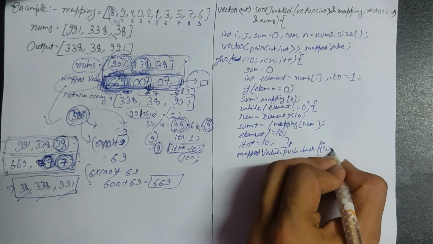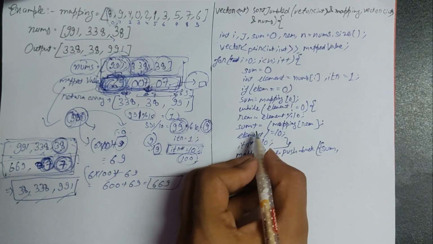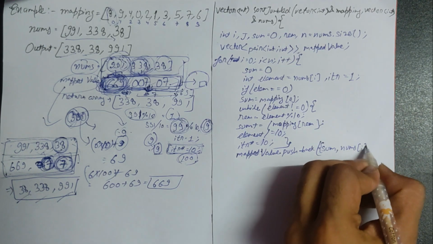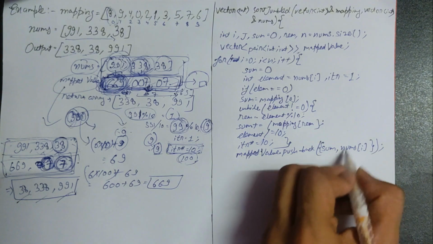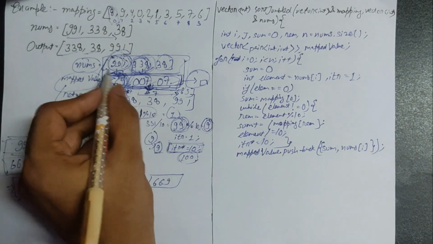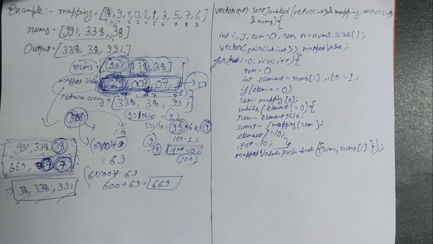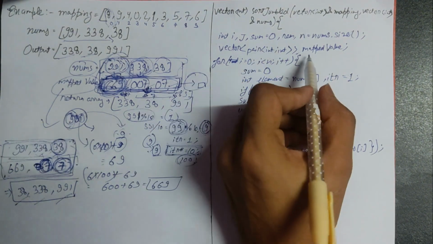The first value is sum, the new mapped value, and the second value will be nums I, because we have to return the original value of nums I in the answer vector.